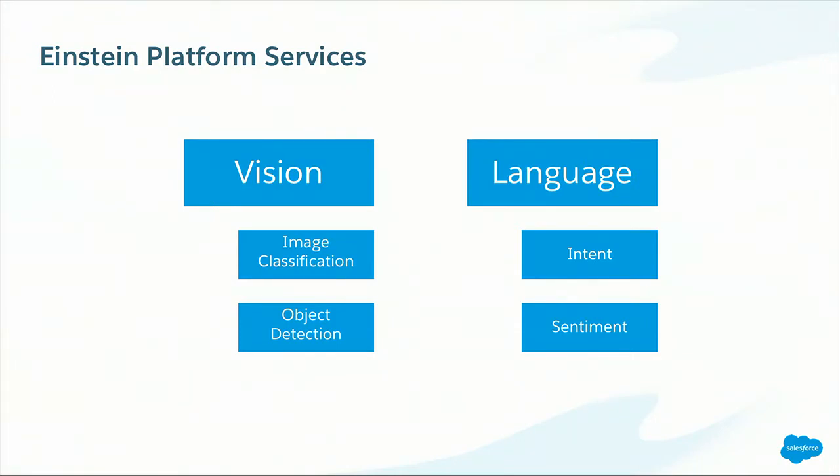And based on that, Einstein language intent automatically can classify this text as a category, like support request, and you can then apply that, for example, in Service Cloud, to route that to a specific service agent. But we will see it in action. So remember, vision and language with the two sub areas, image classification, object detection, intent, and sentiment.